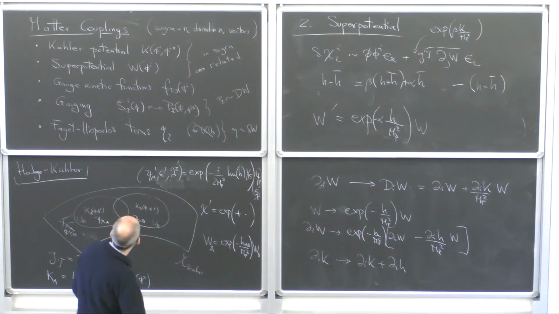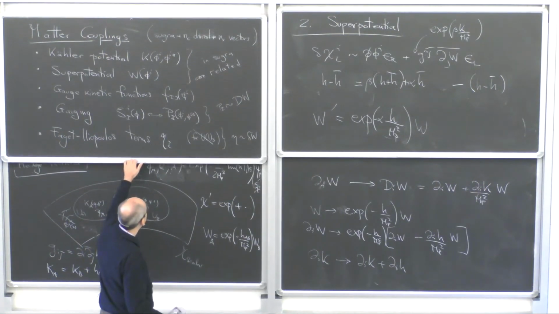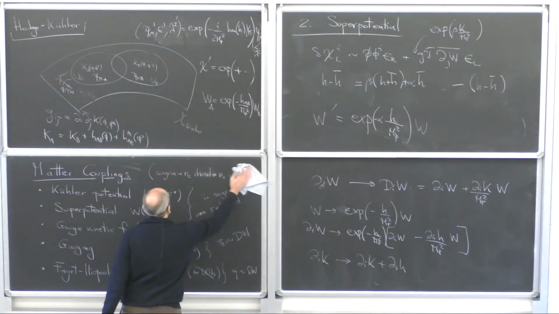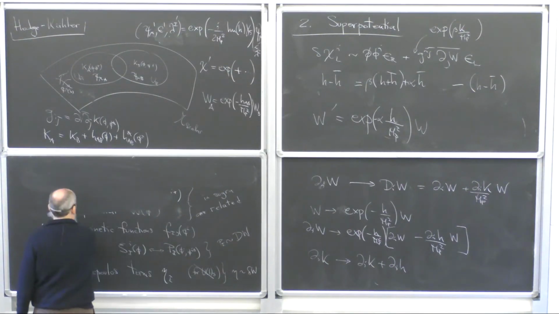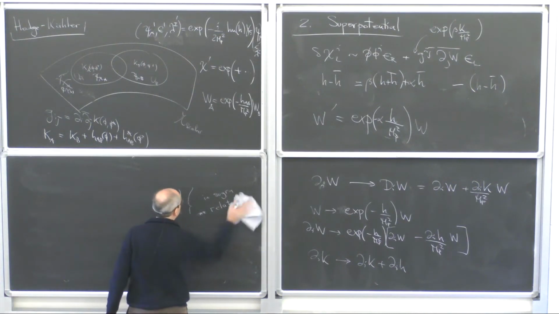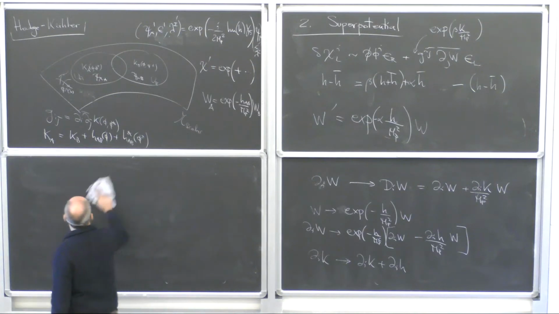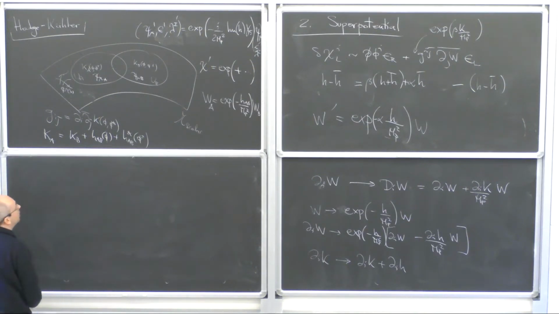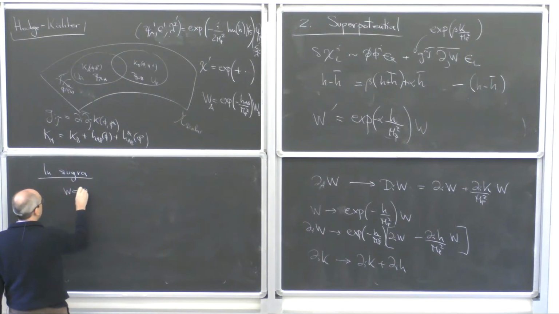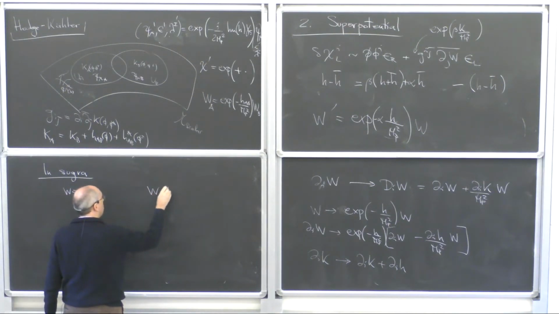But the essential structure here is that in supergravity, either W is 0 or W is non-zero.